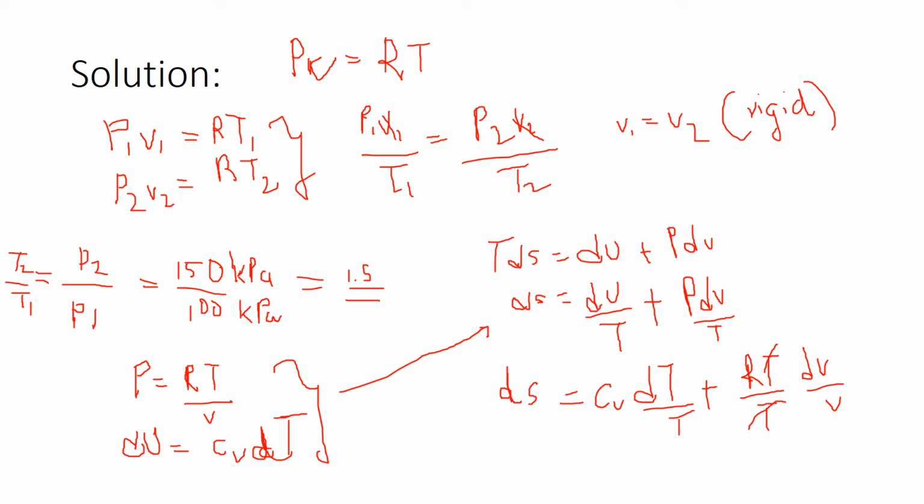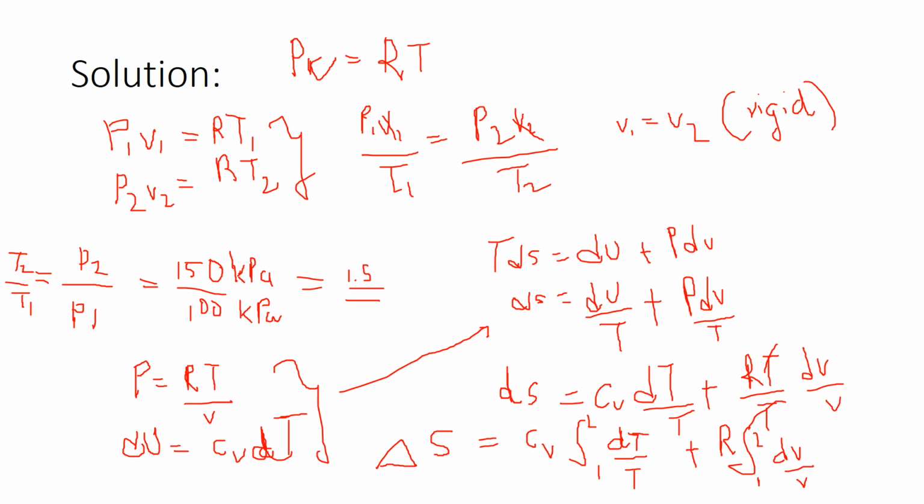Now I am going to perform the integration. But one more thing you have to keep in mind is that over here your specific heat is constant, so it will be out of the integral. So if I perform the integration, I'll get delta S is equal to Cv integral from 1 to 2 dT by T plus R, which is constant, outside, integral going from state 1 to state 2 dV by V.